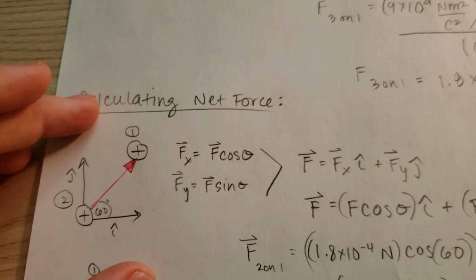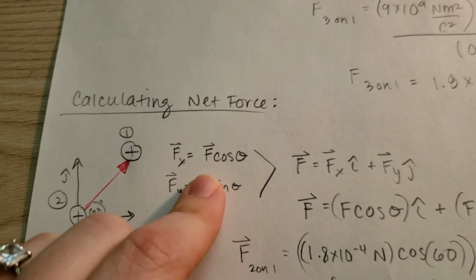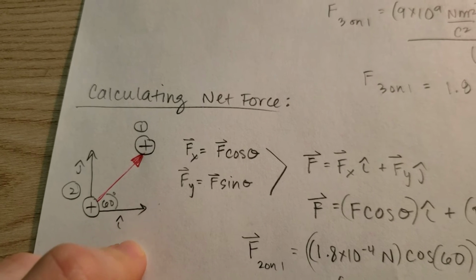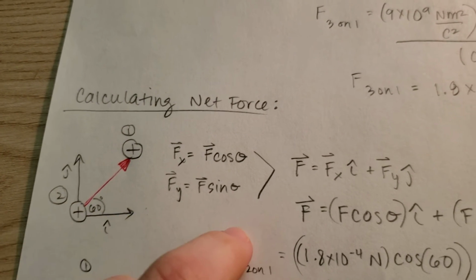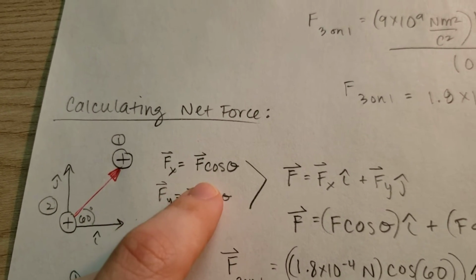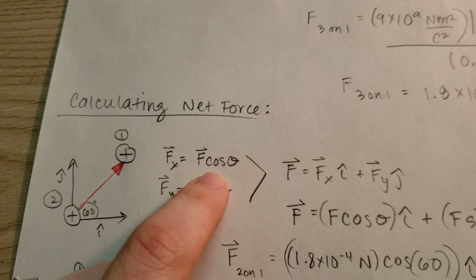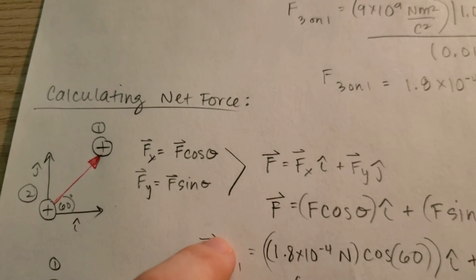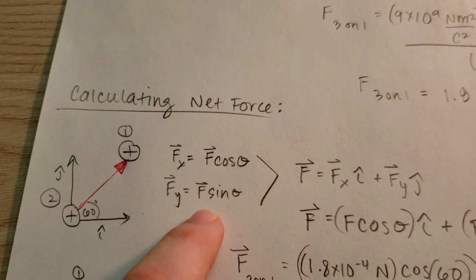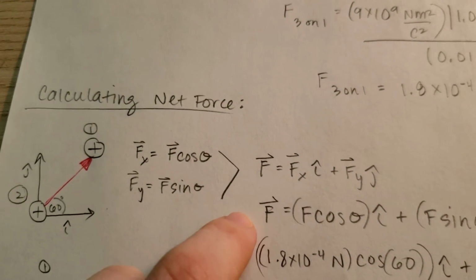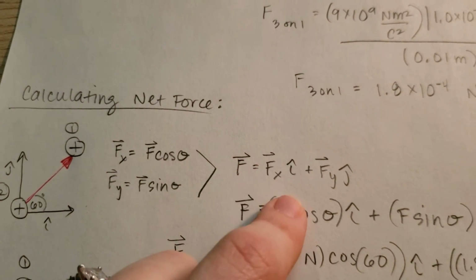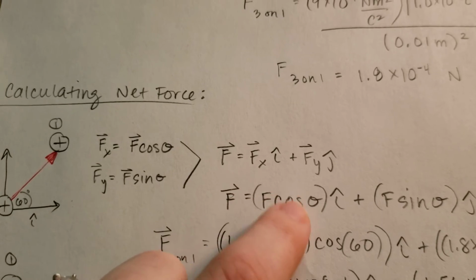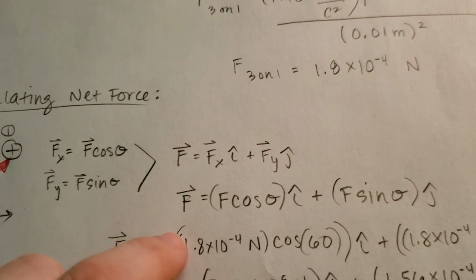So to find the force in the i hat or x direction, we take the magnitude of the force multiplied by the cosine of theta, which we know is 60 degrees. And for y, we take the force times the sine of theta. And then we just use this equation here for our unit vectors.